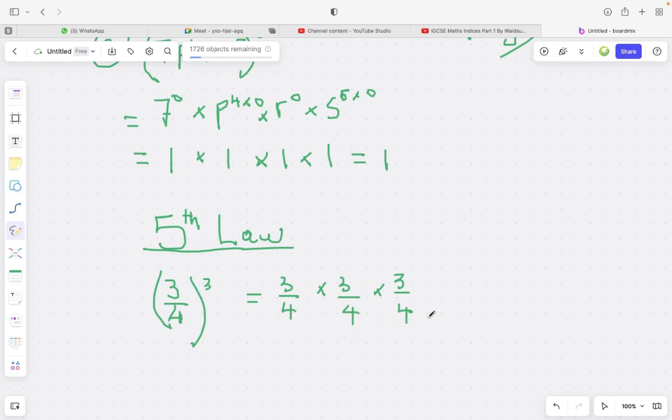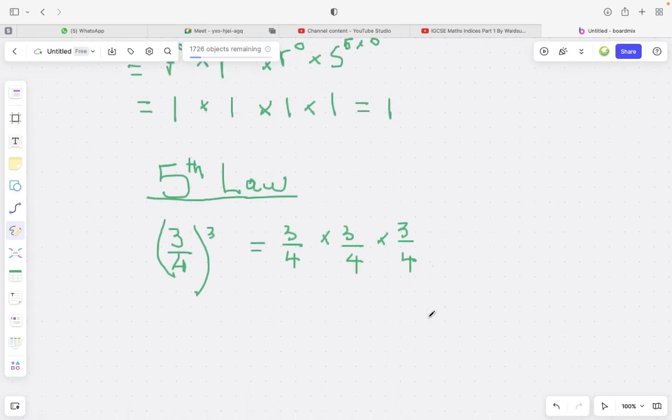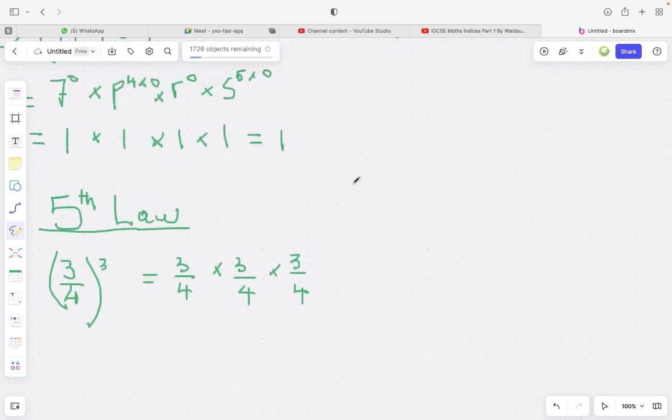So in other words, if we have another scenario, let's use the alphabet to show this. Let's say you have C over D, everything to the power of 4. Then we're going to have this.